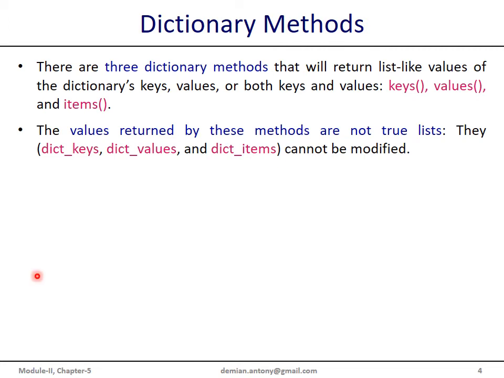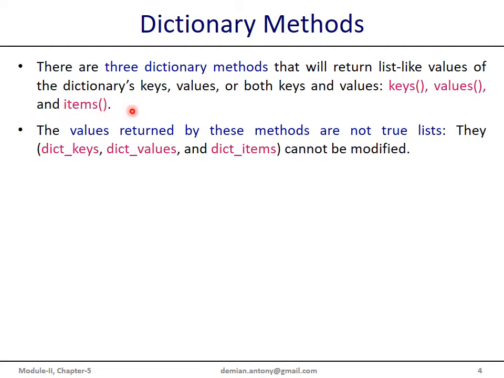The useful dictionary methods. We have three dictionary methods which will return list like structures containing the keys, values and key value pairs present in a dictionary, by applying the keys method, values method and items method respectively.